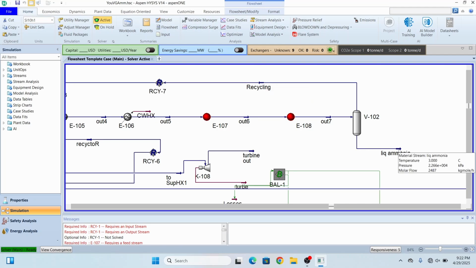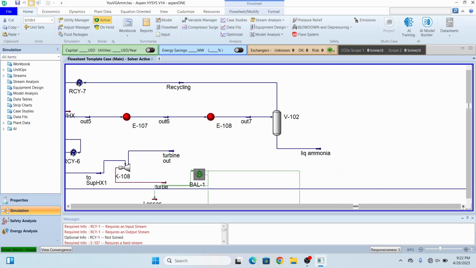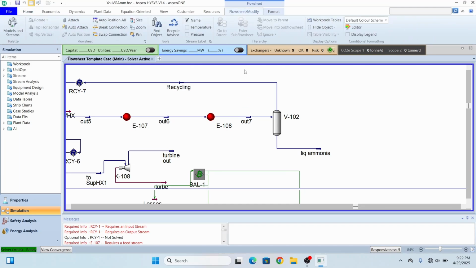Now we will see how we can simulate the refrigeration cycle in Aspen HYSYS for ammonia liquefaction. So the first thing is to decrease the temperature of this liquid ammonia, because you can see that its temperature is very high.